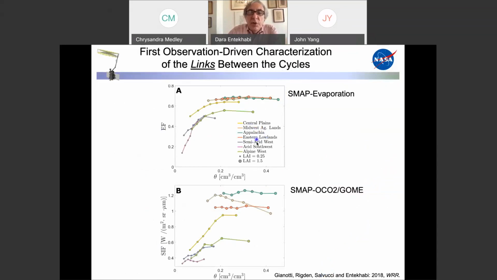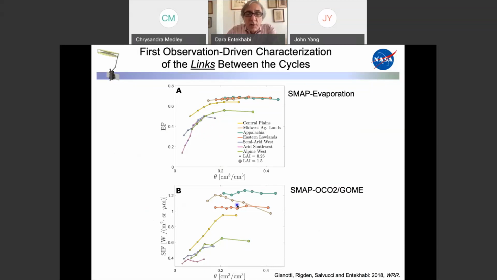This is for different regions in the US. Evaporative fraction versus soil moisture, what we clearly see is that there's a two-regime behavior. When the soil is adequately wet, there's the energy-limited evaporation regime, where energy is the rate-limiting factor. And then you have, across the threshold, a water-limited regime where the soil moisture reduces the evaporation rate.